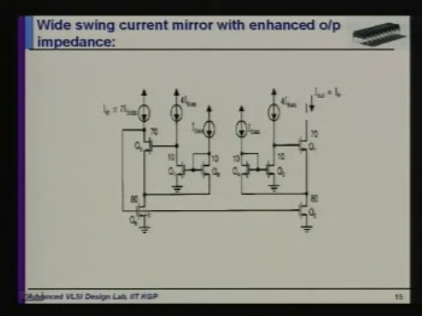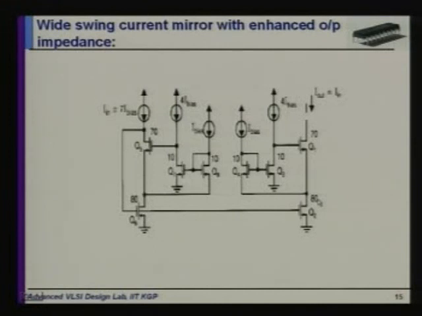From this, we can easily derive what the VDS of these two transistors will be: equal to the VOV of these two transistors. So these two transistors are in the transition region between triode and saturation, and these two VDS are independent of voltage variations, I bias, etc. So we can easily say this is a very accurate current source.